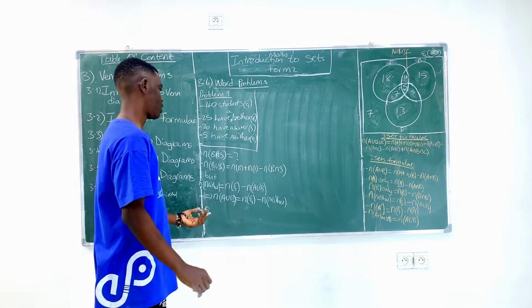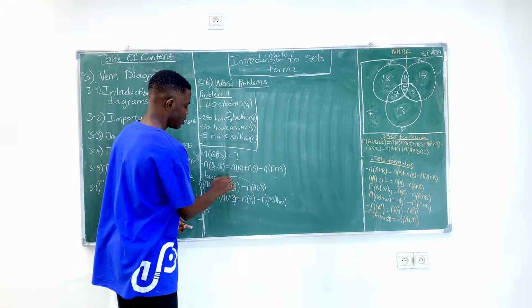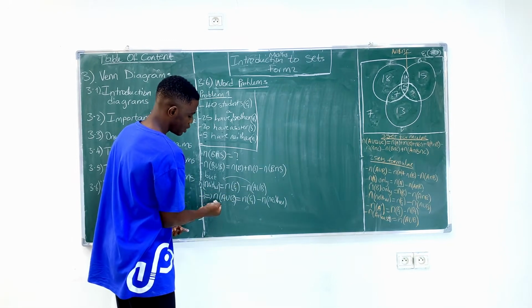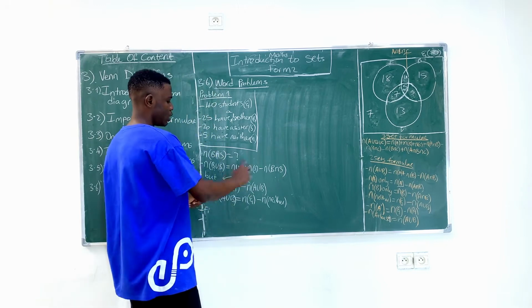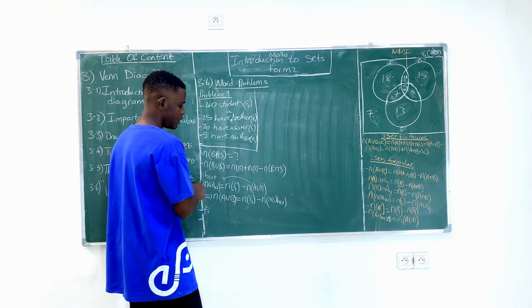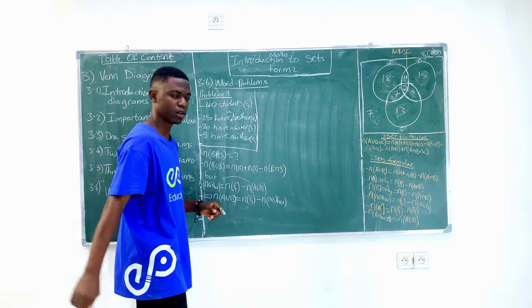So how do I do this? I just bring this one behind here. Since it was negative, it becomes positive here. I keep this one constant and bring this one the other way. Since it was positive here, it becomes minus on the other side. That is how I did it.